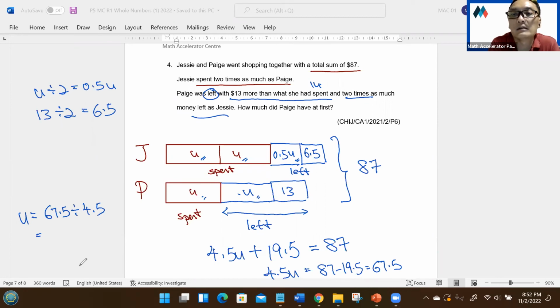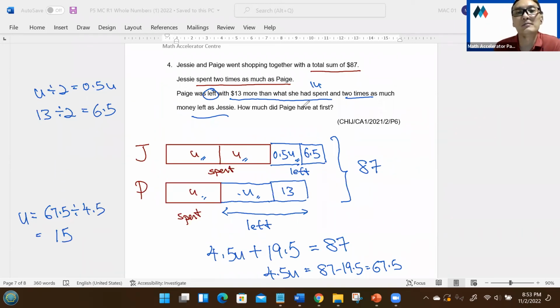Evan, you're correct. Kevin, Rishima, you're correct. So 67.5 divided by 4.5. Rishi, use your calculator, try again. Can you check whether you can get 15 on your calculator? Yeah, 15.